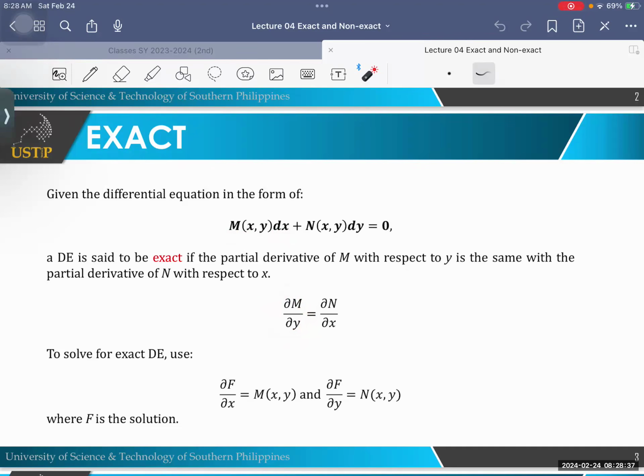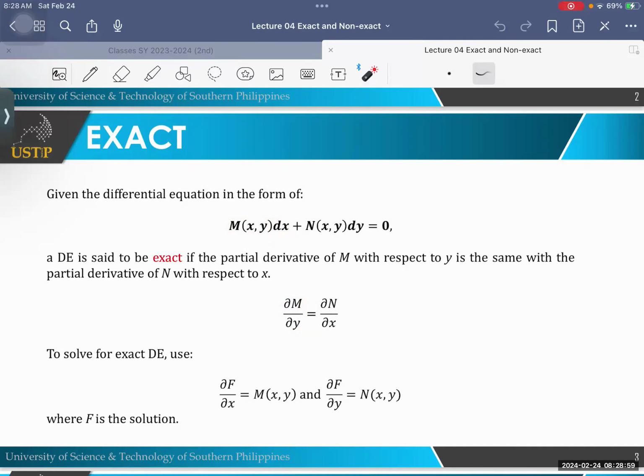Pero what I do is, kung dx siya, ang function nimo, imong tan-awon ang partial derivative with respect to y, katong iyang opposite nga variable. Okay? And nganong partial derivative, kay dili man pud siya derivative lang. It's because kani siya is a function of both x and y. Diba? It could contain x and y variables.